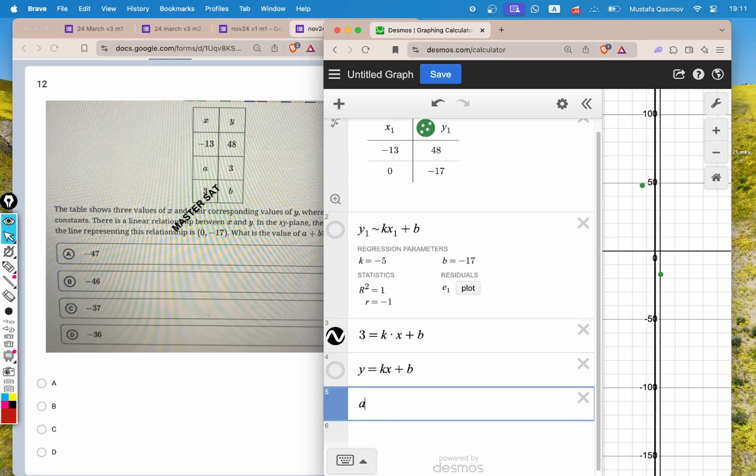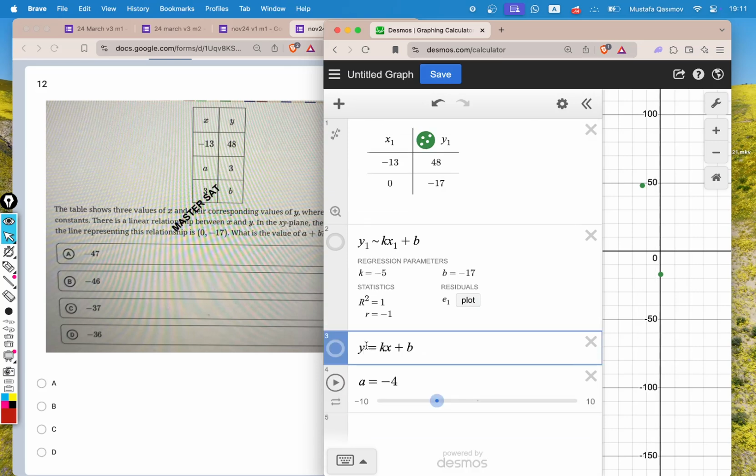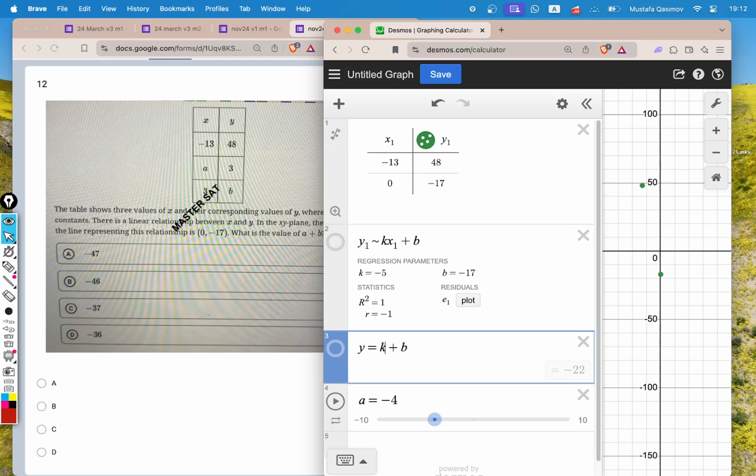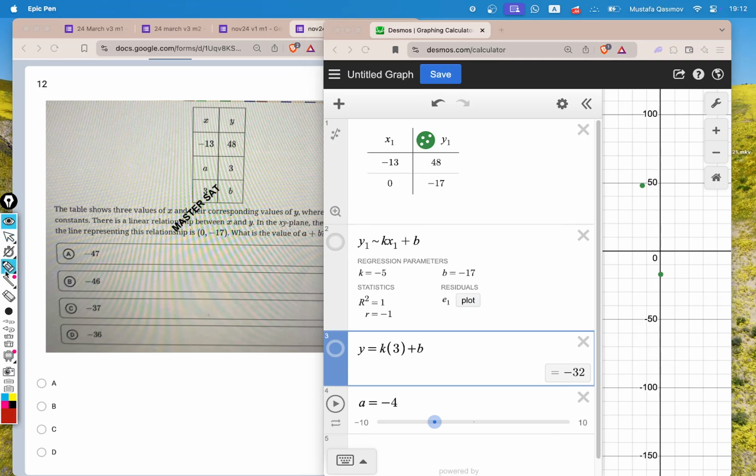A is equal to negative 4. Then let's write instead of y b. Okay, if we write y, it will take it as a b. So let's write it y. Let's write instead of x 3. It is negative 32. Then add it, it will be negative 36. So answer is D.